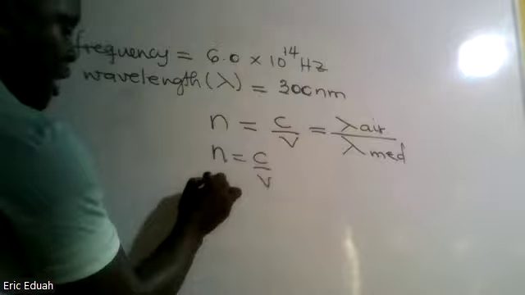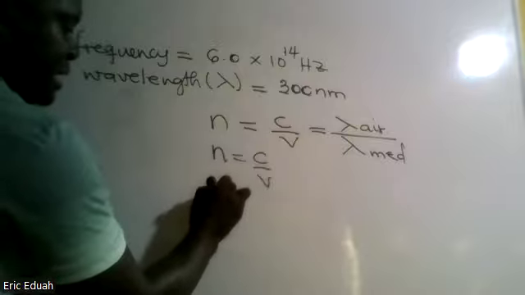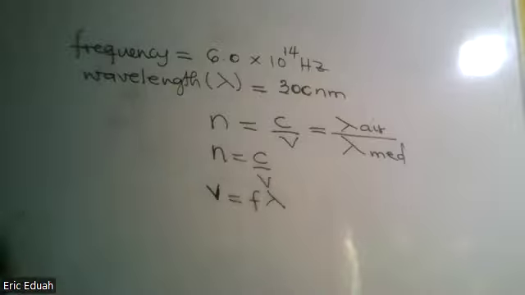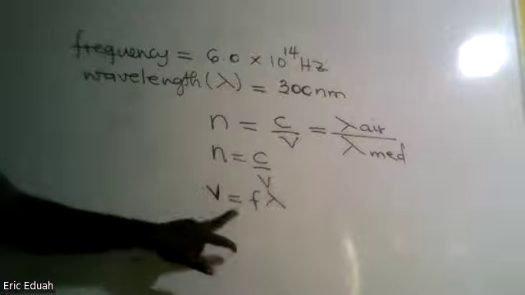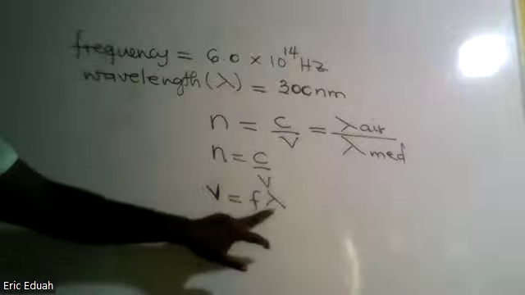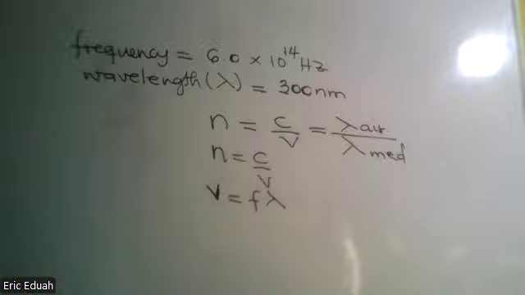Velocity of a wave relates to frequency as f lambda. So for a wave, the velocity or speed of light is given as the product of the frequency and the wavelength.